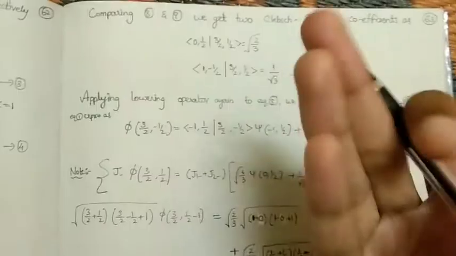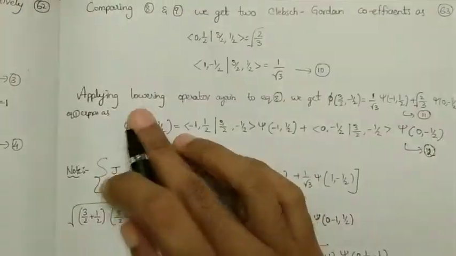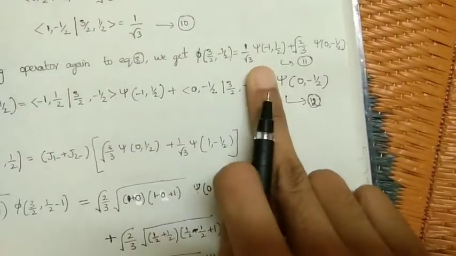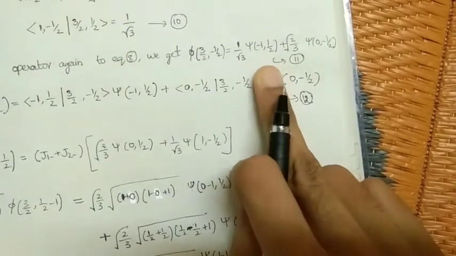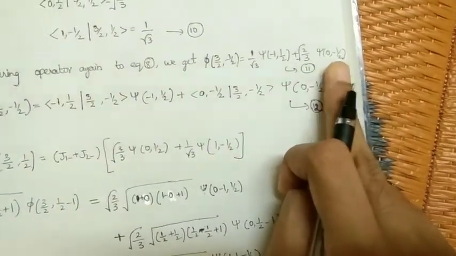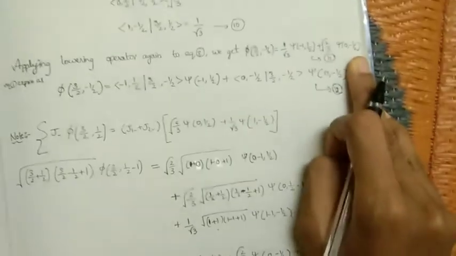Next, we apply the lowering operator again to equation 8. We apply the same procedure and the same formulas, applying j minus. We would get phi of 3 by 2 comma minus half equals 1 by root 3 xi of minus 1 comma half plus root 2 by 3 xi of 0 comma minus half. This is possible if we consider the formulas.